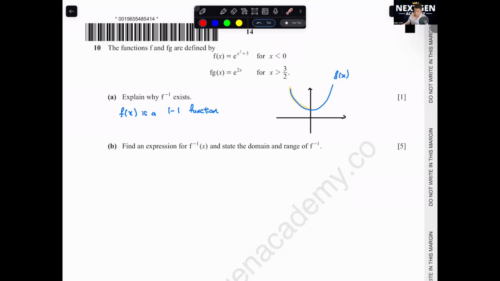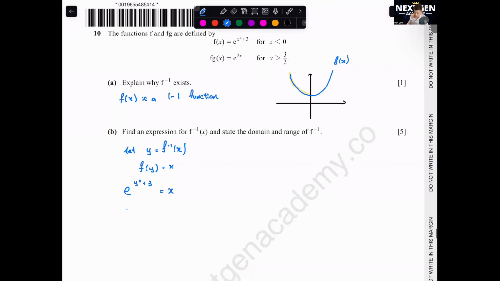Question B. Find an expression for f inverse x and state the domain and range of f inverse. So I will start with let y equal f inverse x, so f of y is equal to x. Then e to the power of y squared plus 3 equals x.